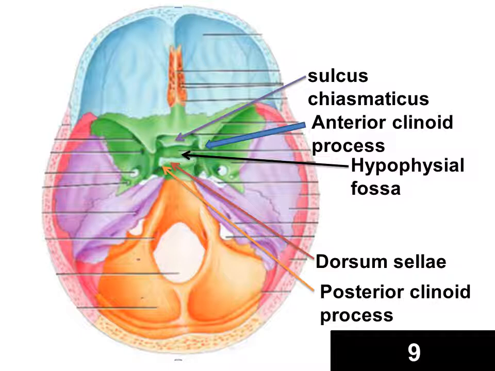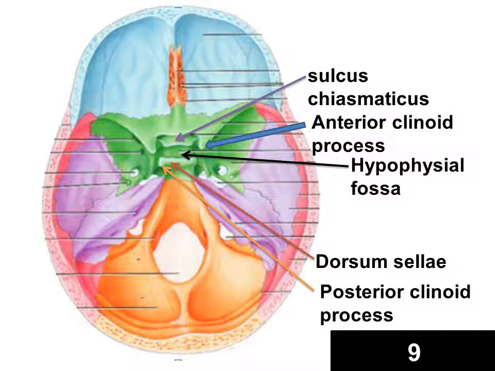Behind this shallow groove, the body of the sphenoid presents a Turkish saddle, which is known as the sella turcica, made up of an anterior slope, a posterior slope, and a deep hollow in the middle.